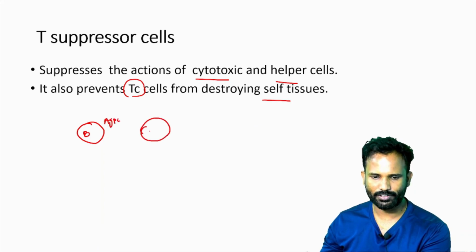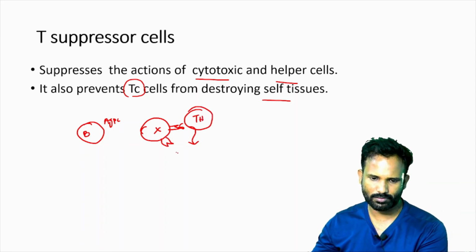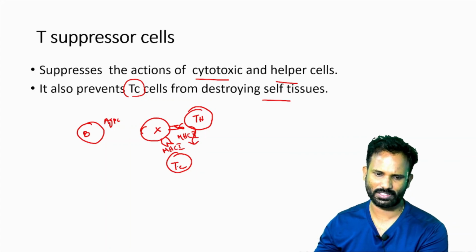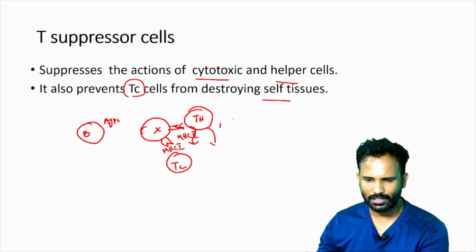Now it is engulfed and broken down, and that is presented on an MHC, and this is recognized by a T helper or T cytotoxic cell depending upon MHC2 for T helper, MHC1 for T cytotoxic. Now the cytotoxic and T helper cells differentiate again and also produce T suppressor cells.